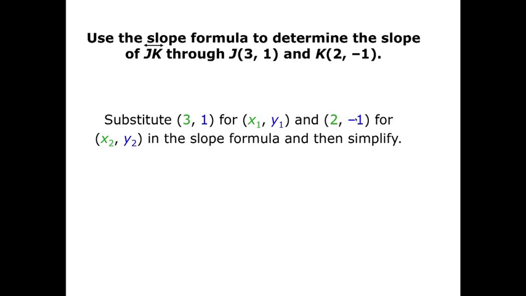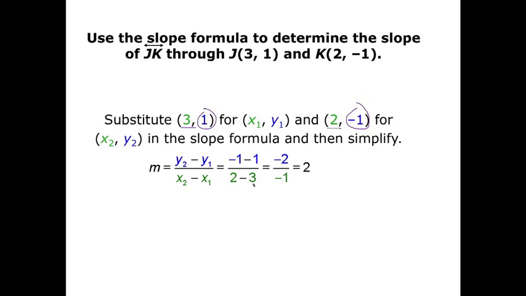Okay. So I'm going to let (3, 1) be the x1, y1, and (2, -1) be the x2, y2. So I'm going to take the -1 right here, and I'm going to subtract positive 1. -1 minus 1 is -2. And then I'm going to do the same thing with the x value. I'm going to take that positive 2 and I'm going to subtract the -3 from it. So I'm going to get a -1 there. So I get -2 over -1, positive 2 as my answer.